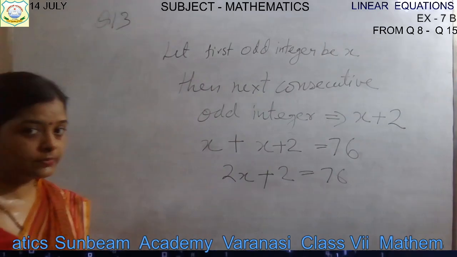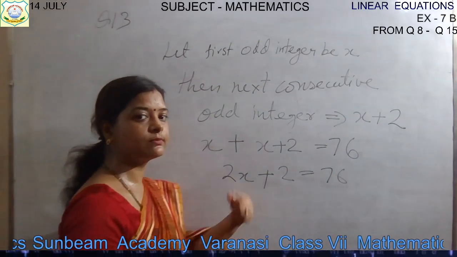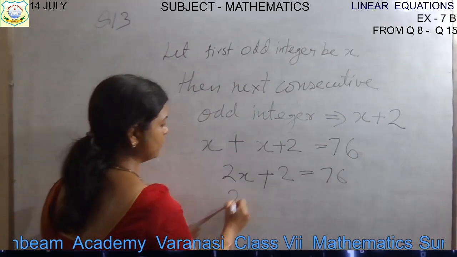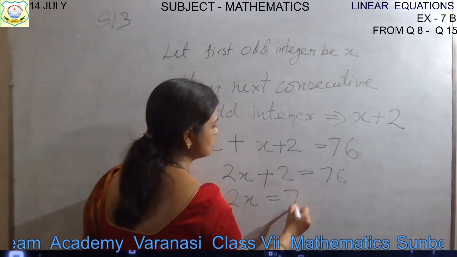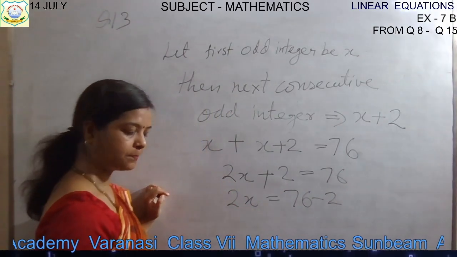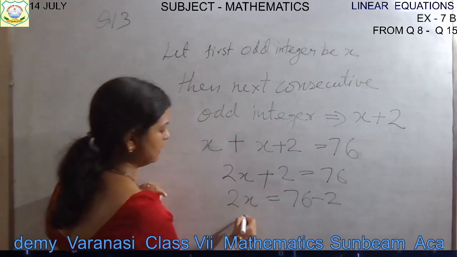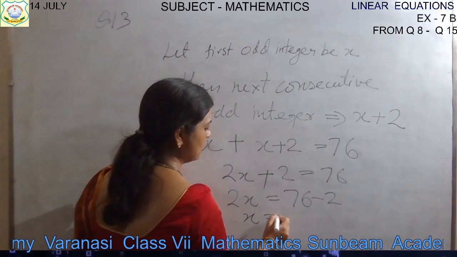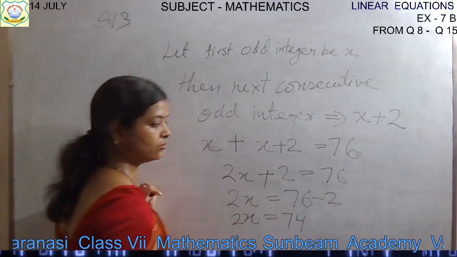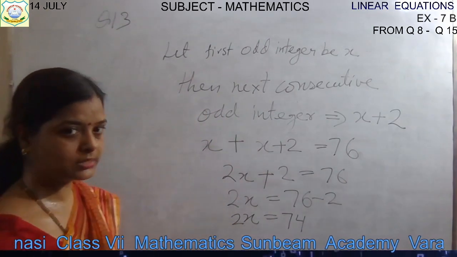Okay. Next, this 2 will be transposed to RHS because 2 is a constant term. So 2x is equal to 76 minus 2. Now what will be left? 2x is equal to how much? 74. Subtract 2 from it. 2x is equal to 74.